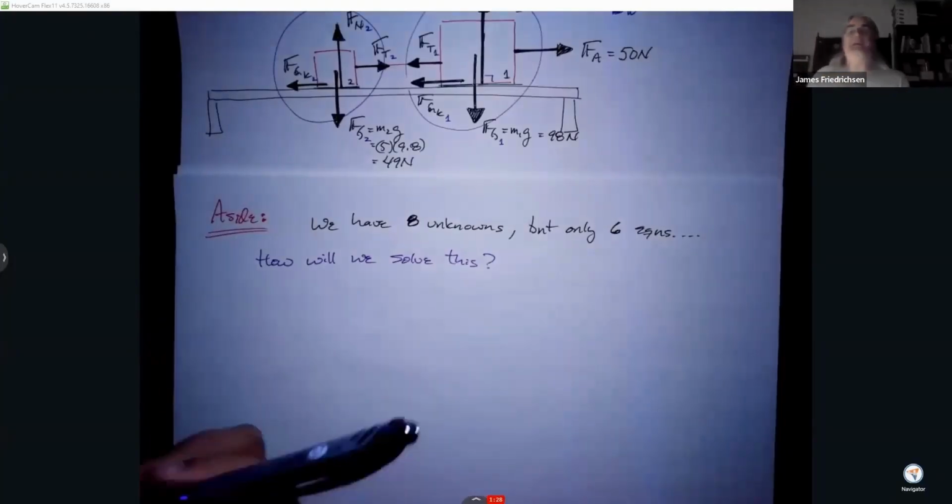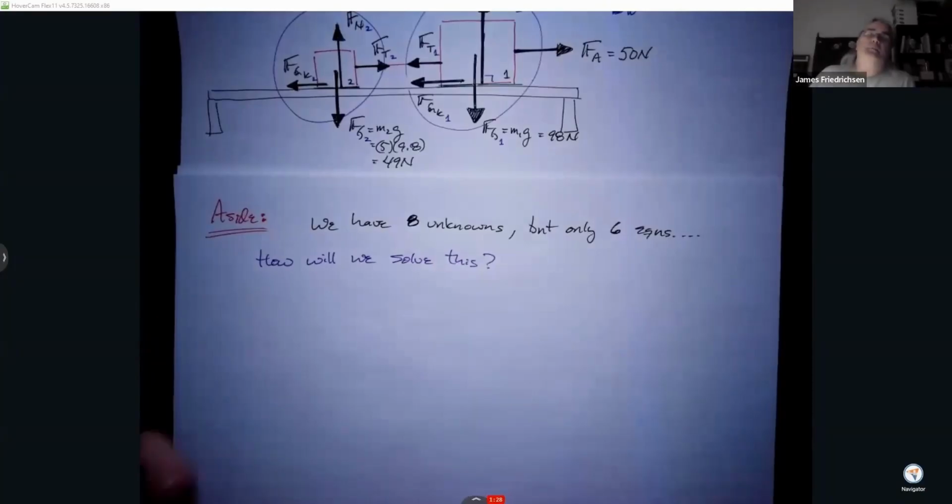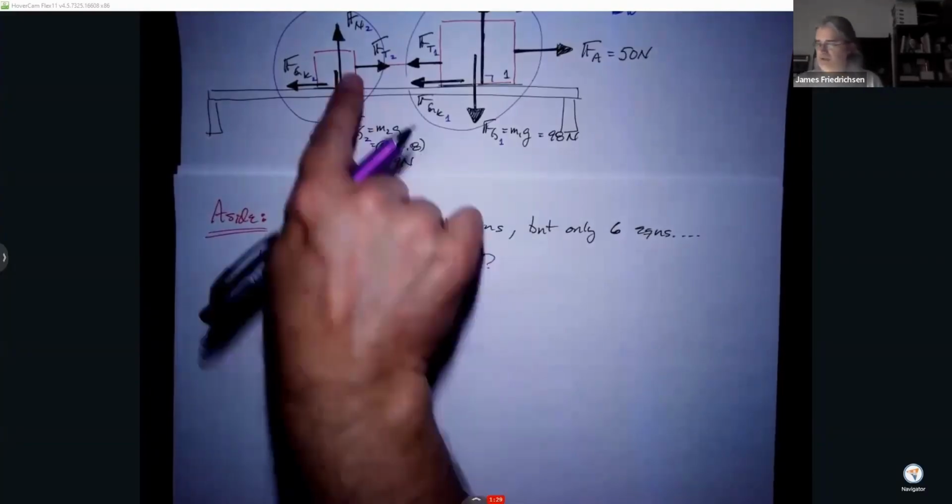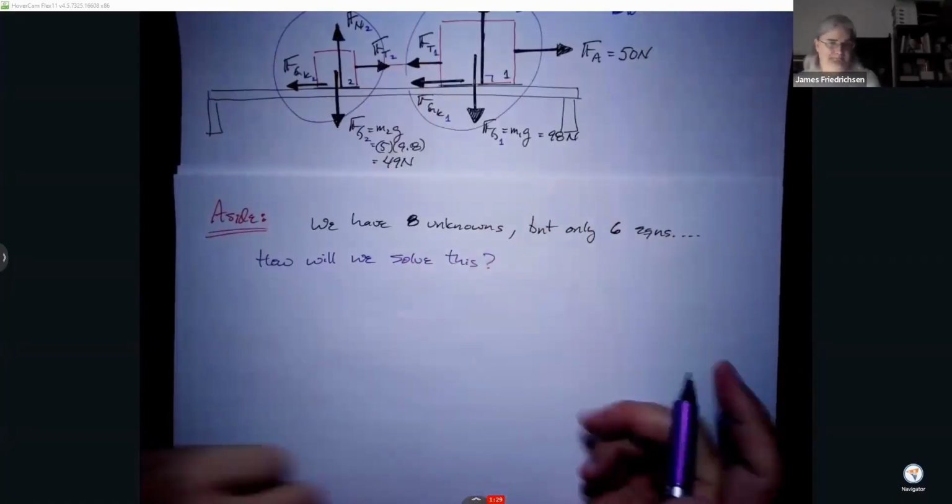Now, all the problems that are presented are meant to be solvable. You shouldn't get to the point where you say, we can't get the answers. No, that's not how it goes. What happens is we make the following assumptions, and the assumptions are about this string.